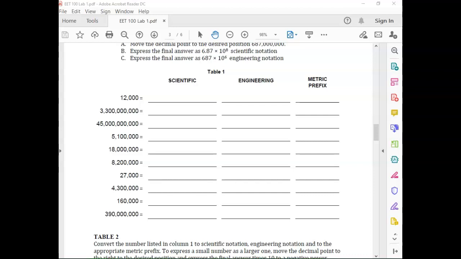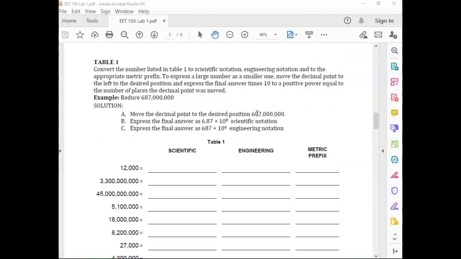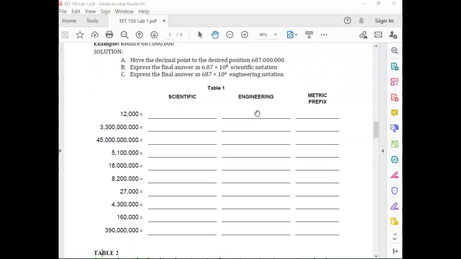So then what is my metric prefix? Would it be just 12? What it's asking for is the shorthand version of what I would call this. That goes back to kilo, mega, giga, tera, milli, micro, nano, pico. So where are we at with this one?